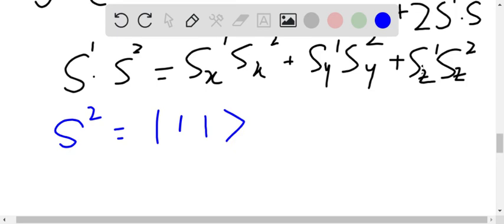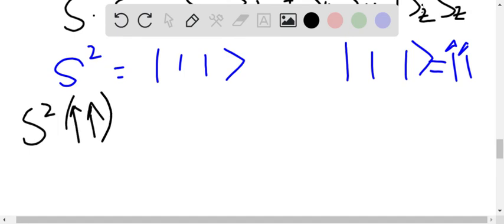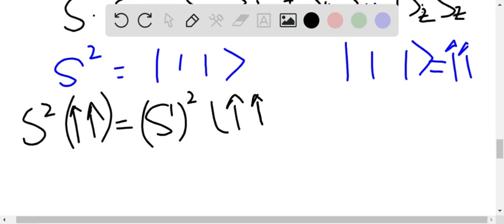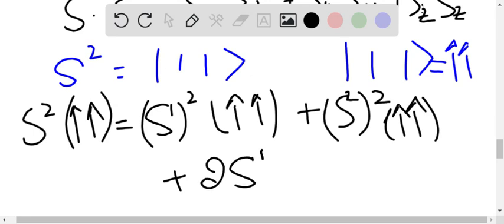Remember from equation 4.177 that |1 1⟩ is equal to |↑↑⟩. So by using this information we can write that S square is equal to S1 square plus S2 square plus 2 S1 dot S2. Now let's take it term by term.